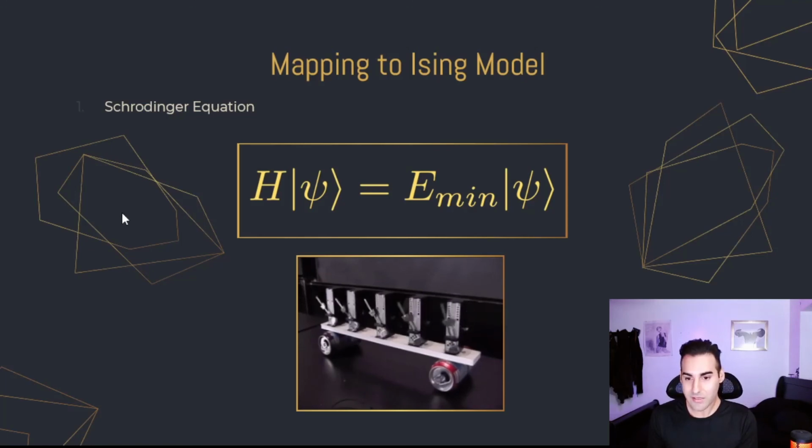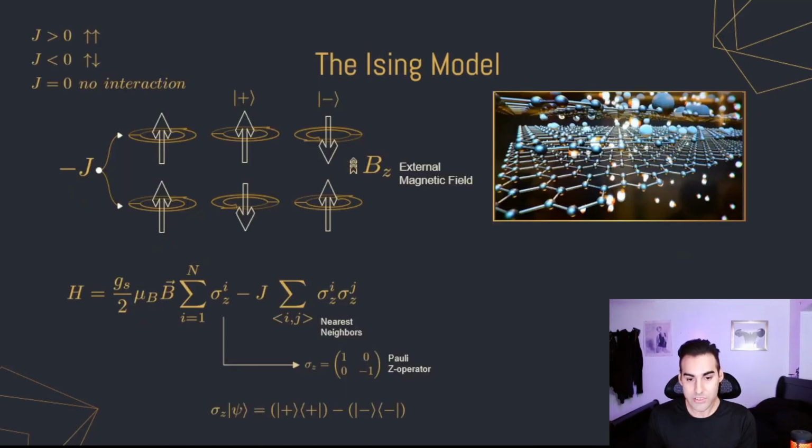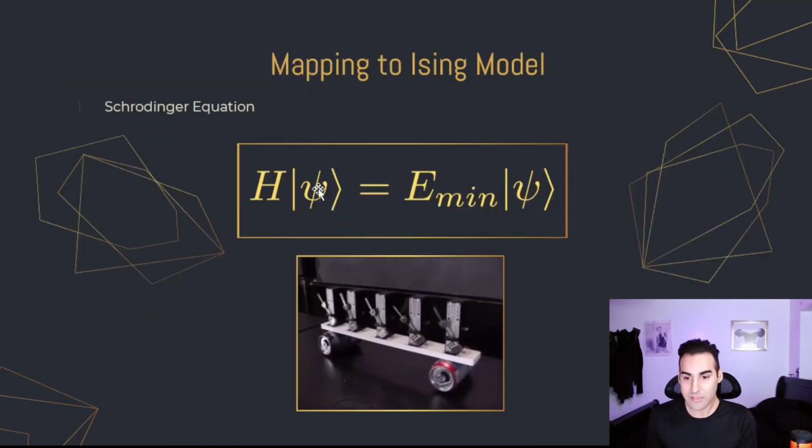And we can calculate this using this equation here, called the Schrodinger equation. This is the time-independent version of it, where we take our Hamiltonian from before and apply it to a vector to give us a scalar times another vector. So it's the same vector, just scaled differently.